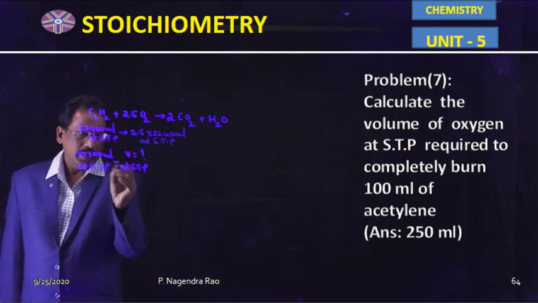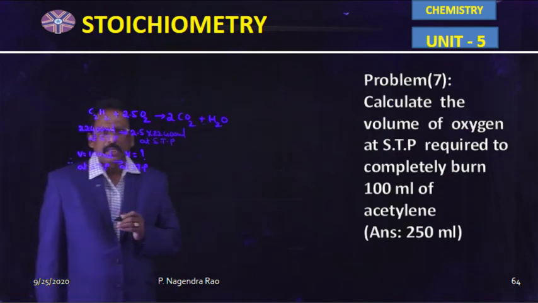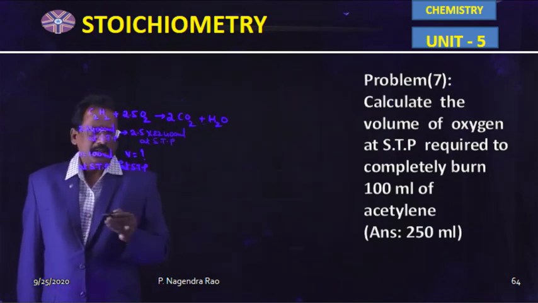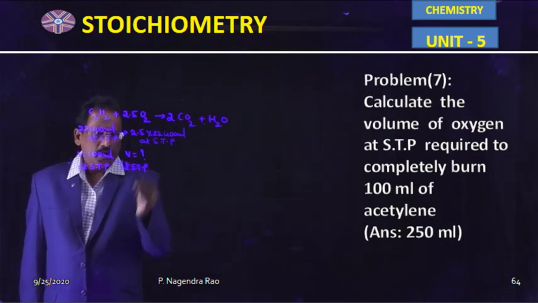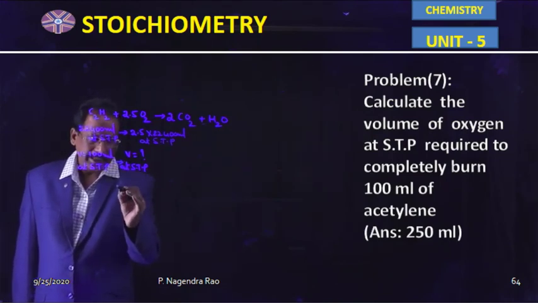Therefore, 100 ml of acetylene gas at STP requires how much volume of oxygen gas?